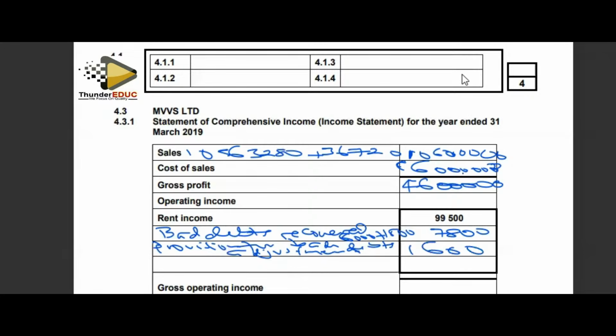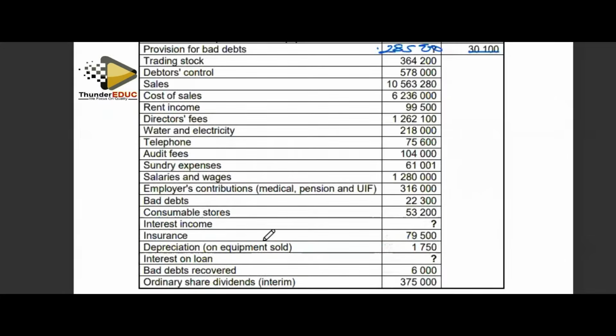Then the other item we have is what? Let's go through the information. We need to check another item, if we have another item under other operating income: ordinary bad debts, interest, depreciation, consumables, rent income.